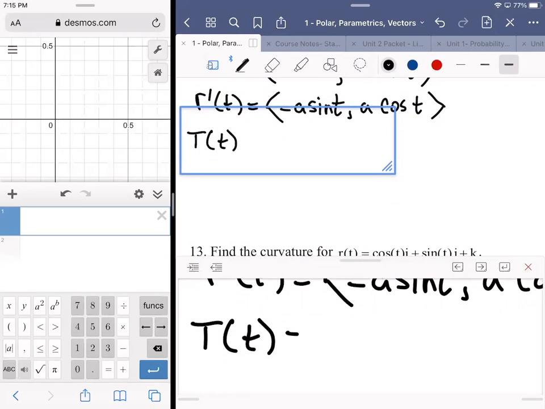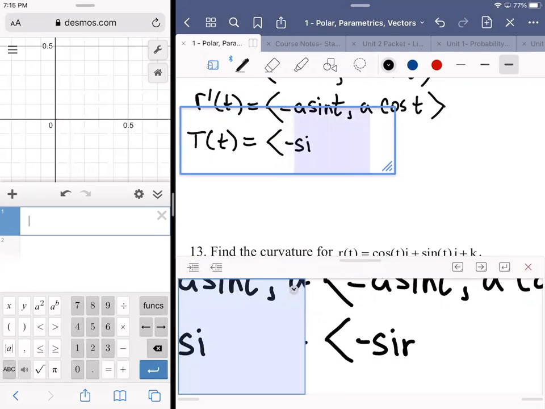So T of t, we figured this out two pages ago, but even if we didn't, we could figure it out just by dividing by the magnitude of r prime of t, which is just a. So you get negative sine t, cosine t.